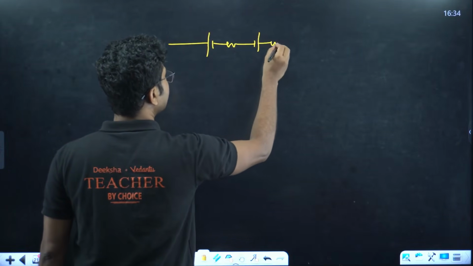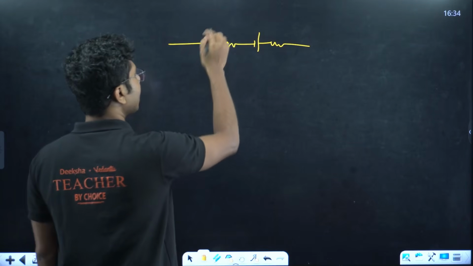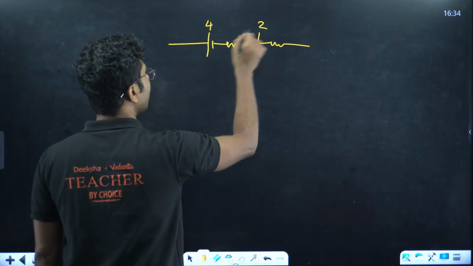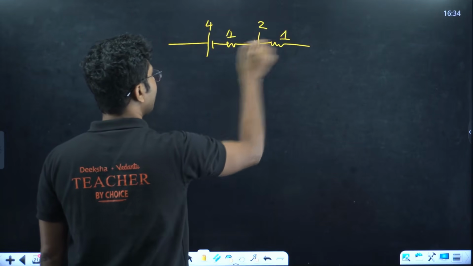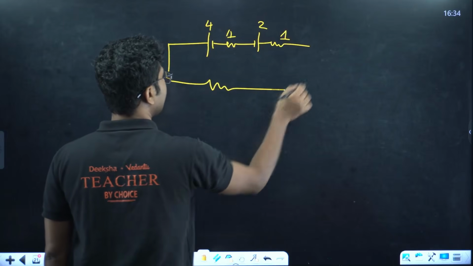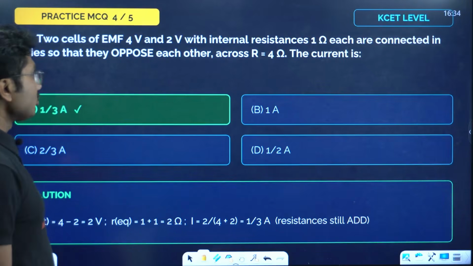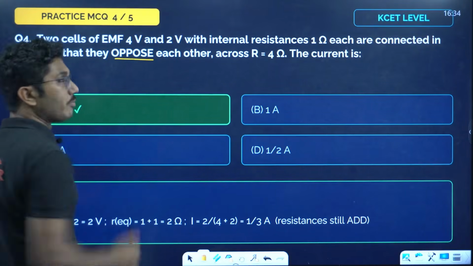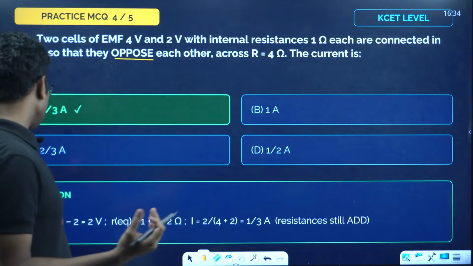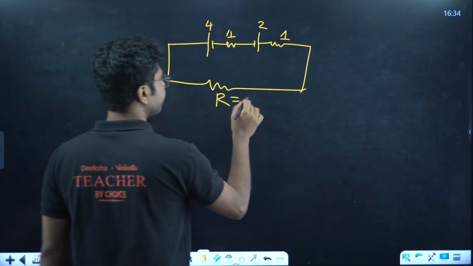They are opposing each other means they are connected in reverse order. So this is 4 volt, this is 2 volt. Each of them has internal resistance 1 and they are connected across an external resistance R. Oppose means they are in reverse order. The external resistance is 4.